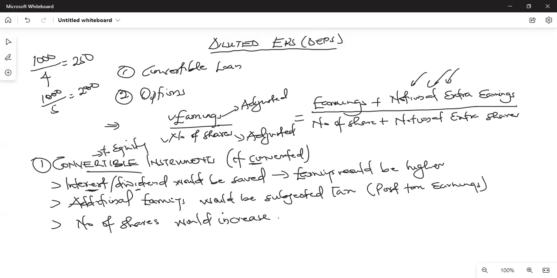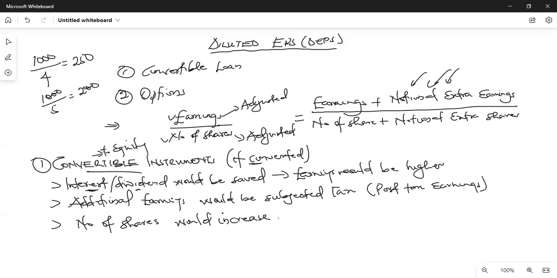So these are what happen when there is a conversion. Assuming conversion, we will no longer be paying interest on the loan if they convert to ordinary shares, and that in itself gives us additional earnings.